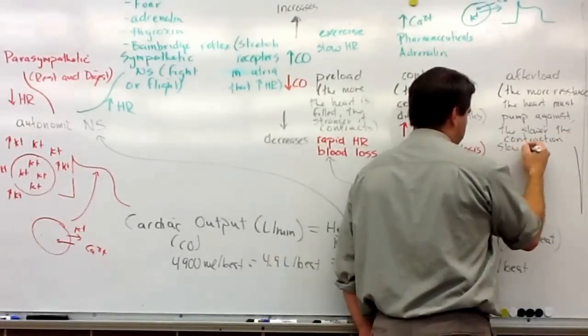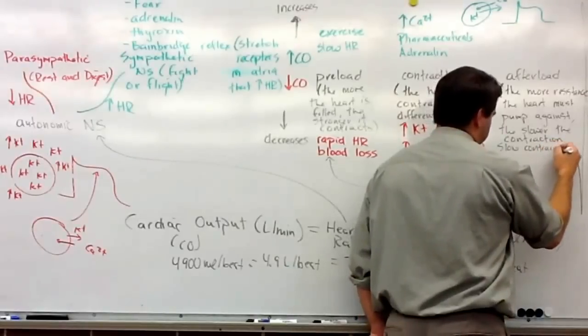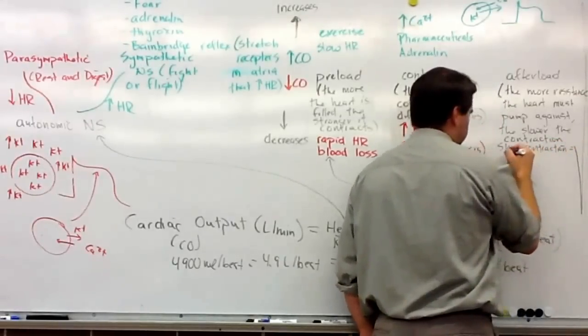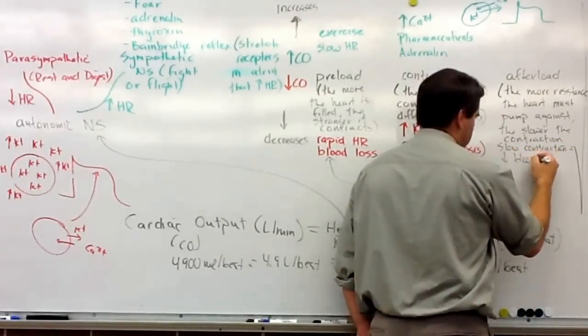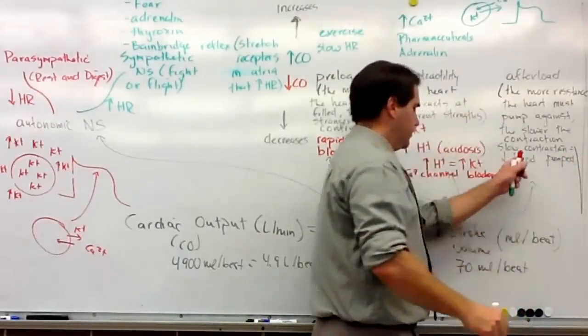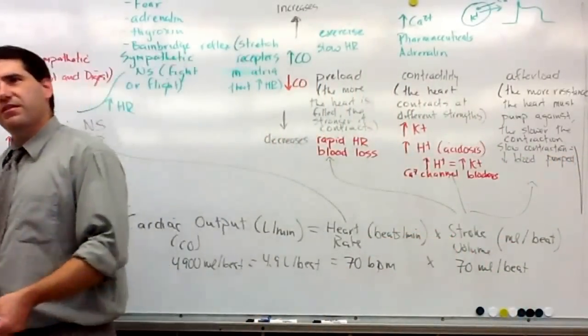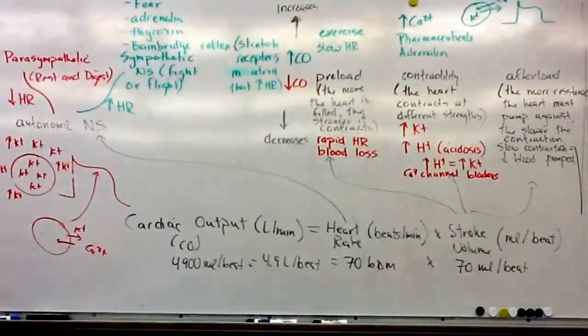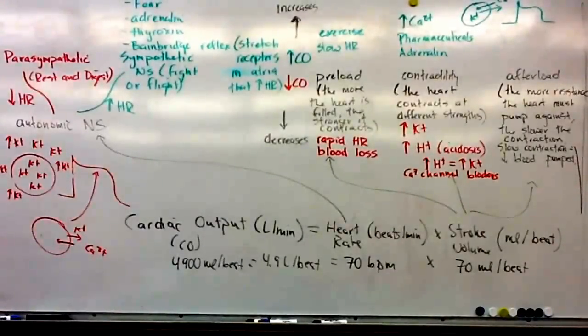Slow contraction equals less blood pumped. And since we're talking about stroke volume, that makes sense. If the heart cannot pump as much blood, then the stroke volume is going to be decreased.